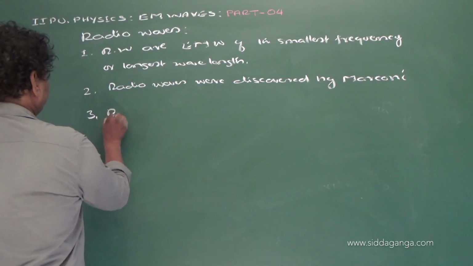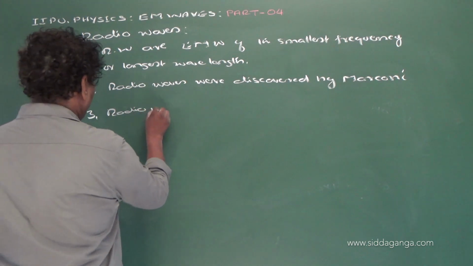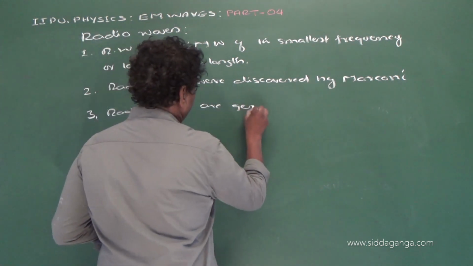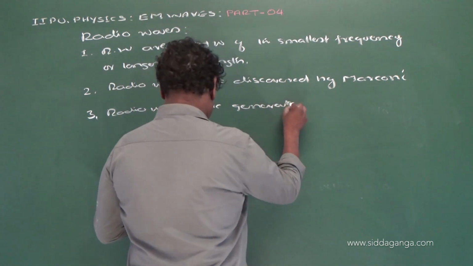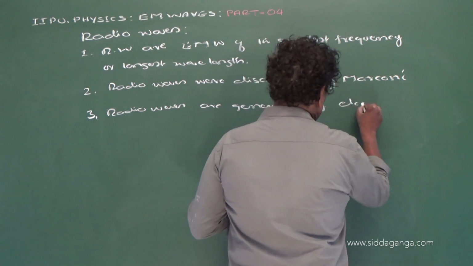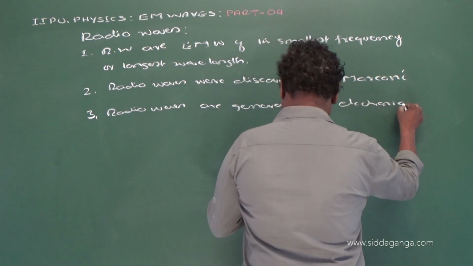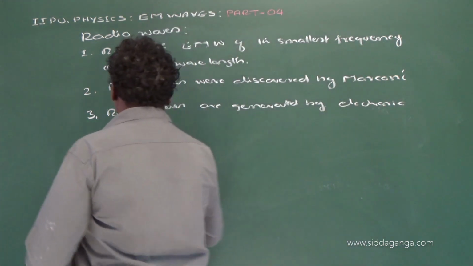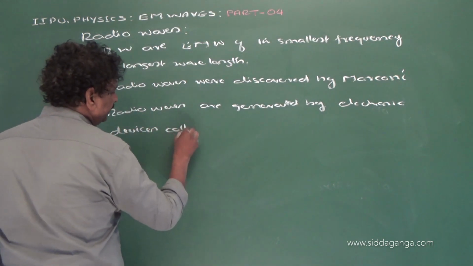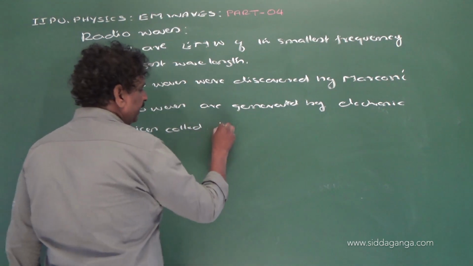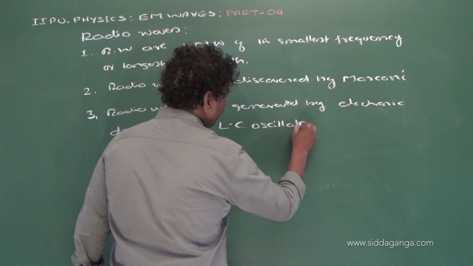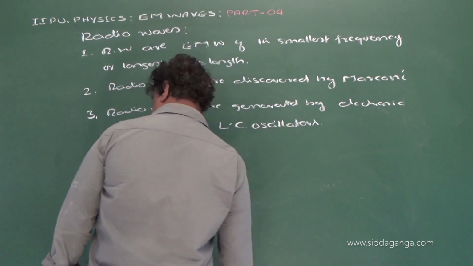Third one, radio waves are generated by electronic devices called LC oscillators.